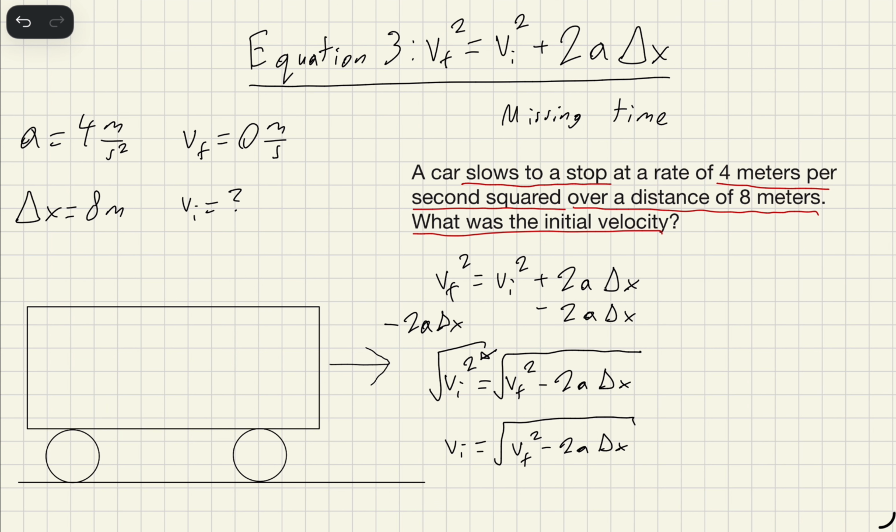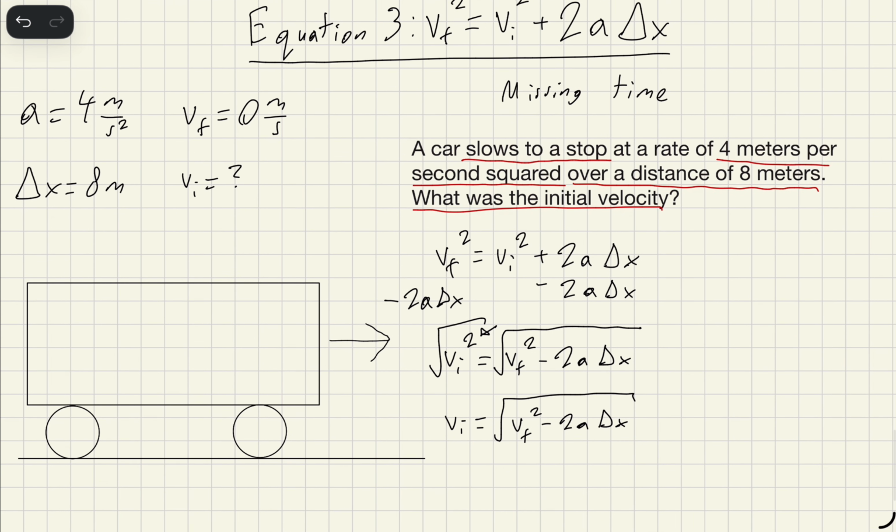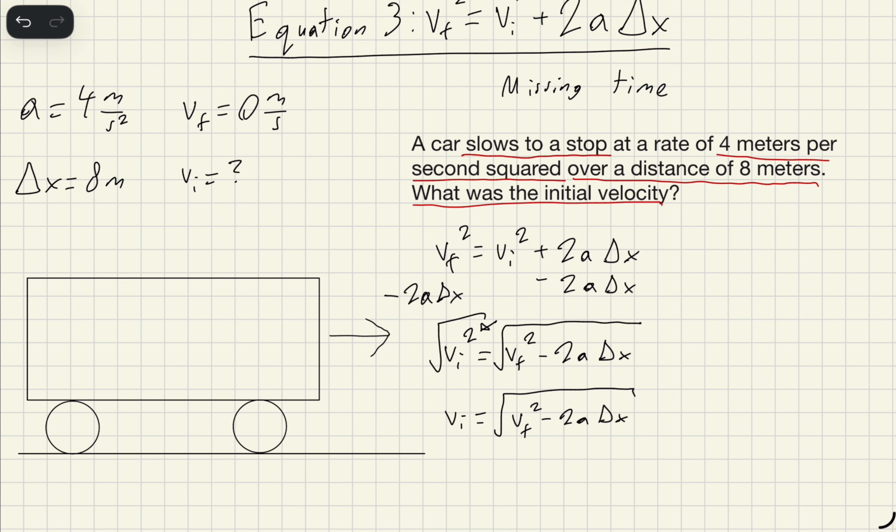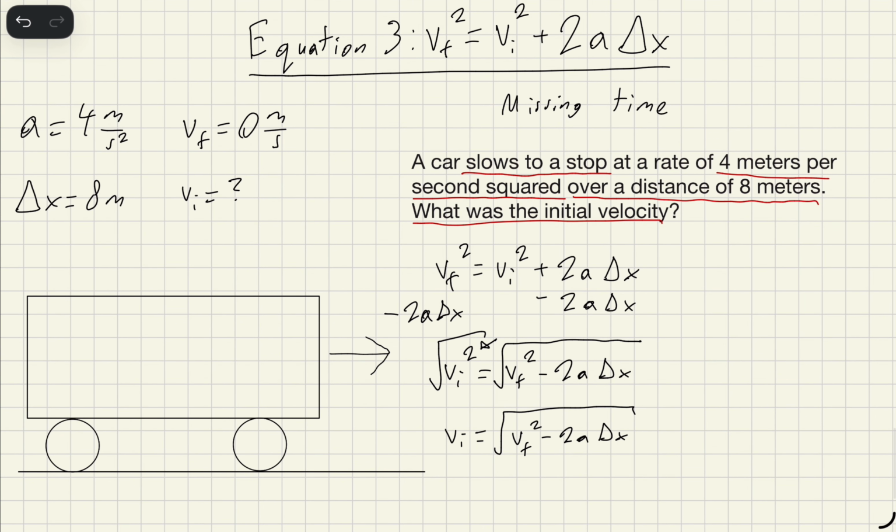It's only at this point that I've solved the equation symbolically that I plug in my actual values. If you plug them in from the beginning, you may find it messy, especially if you're dealing with decimals or fractions. So we can say for this problem, we have the square root of final velocity is 0 minus 2.